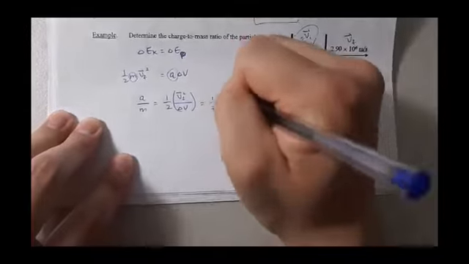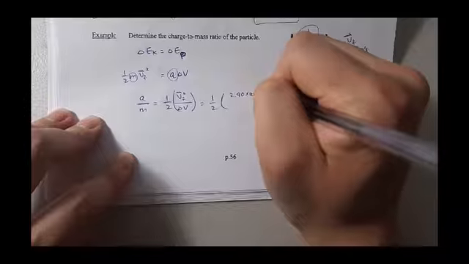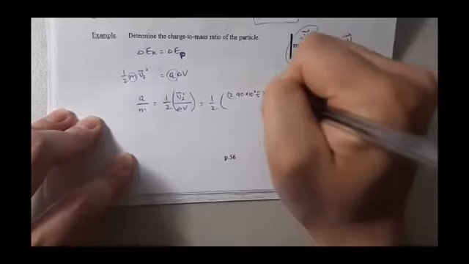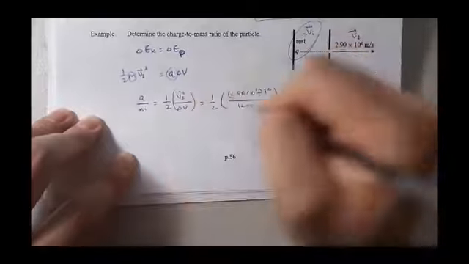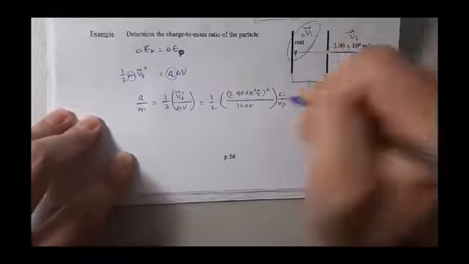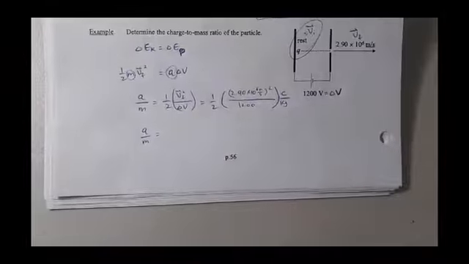1 over 2 times 2.90 times 10 to the power 6 meter per second, this is squared, on the top. The bottom is 1,200. And that's C per kilogram. So q over m. Let's punch the numbers in.